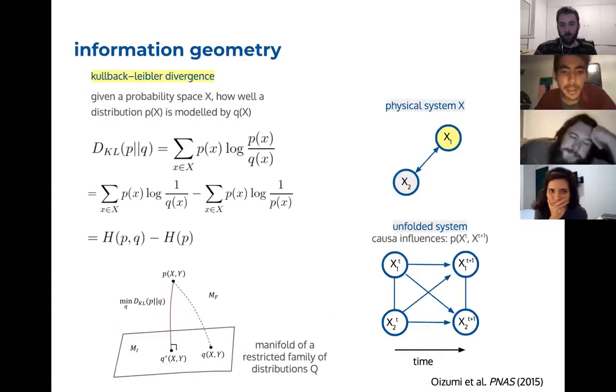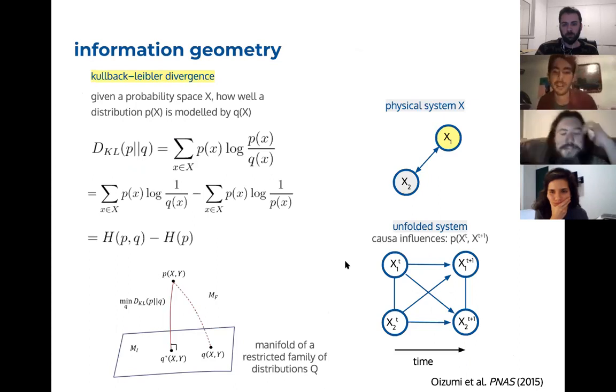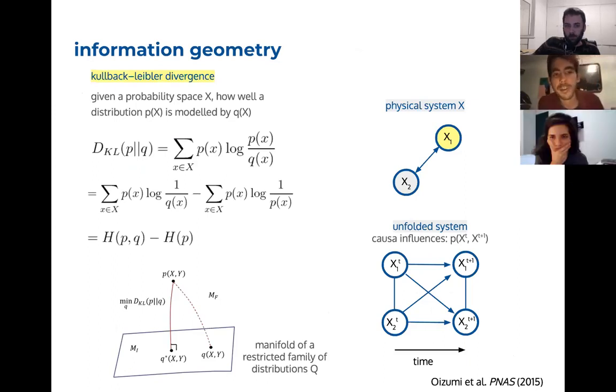So I decided to add this formulation, which is not the official IIT, but I think it's really useful for general things. It's an alternative version to IIT that is still integrated information, but it's based on information geometry.